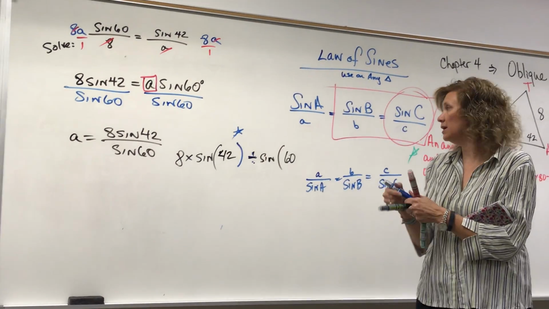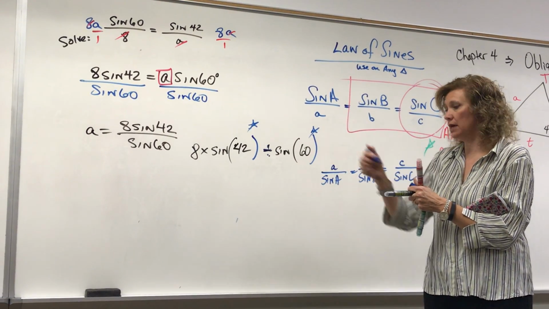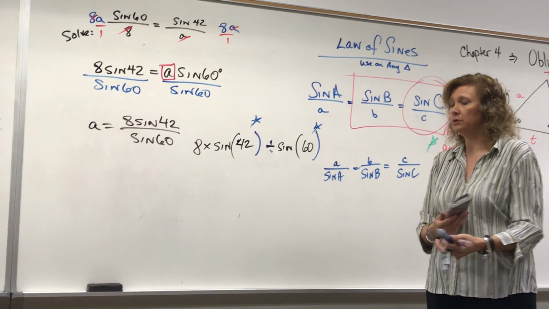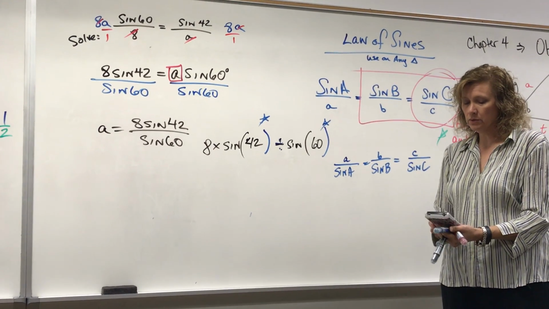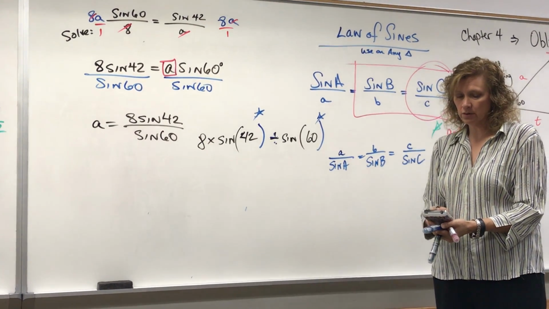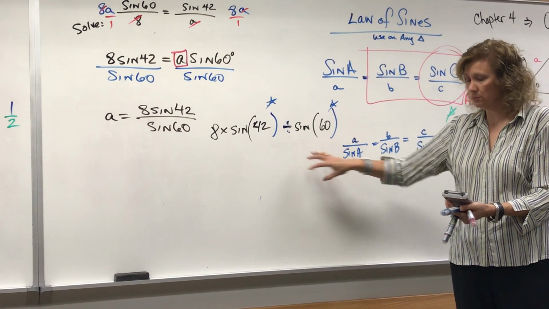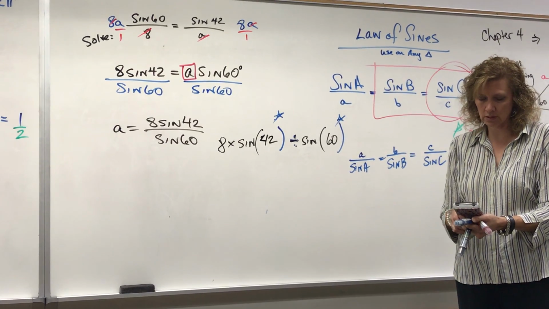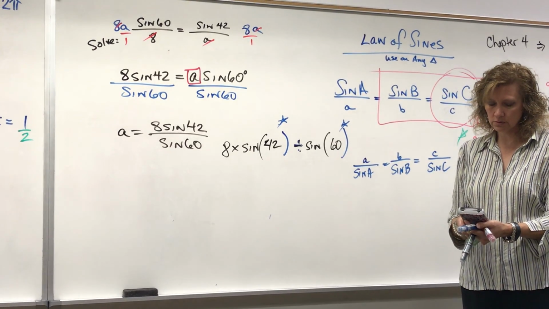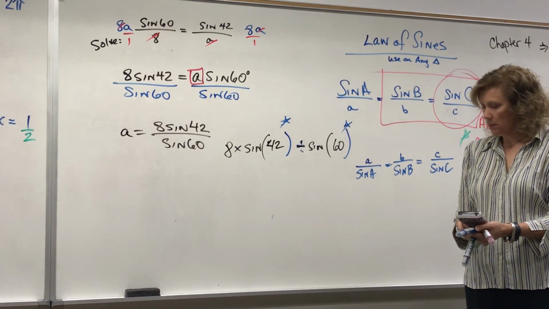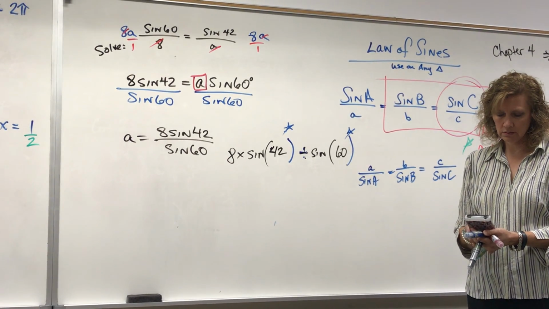But I just say it's always a good idea to get in the habit, because we're going to be using parentheses a lot. You are going to need to make sure you get the answers that the back of the book has. We are going to be using our calculators on this test. 8 times sine of 42 divided by the sine of 60.